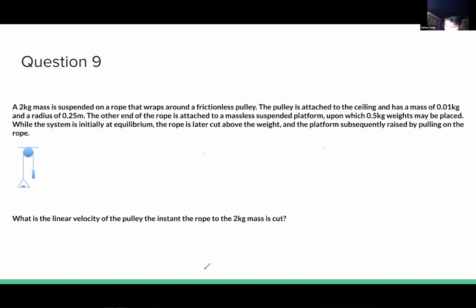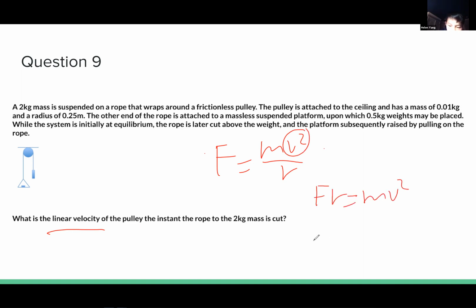Okay, since it's asking for the linear velocity, you would use F is equal to mv squared over r. Trying to find v, it would be Fr equal to mv squared, so v squared is equal to F times r over m, and v would be equal to the root of that.